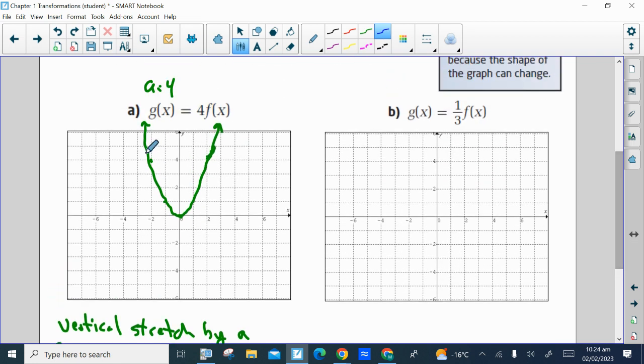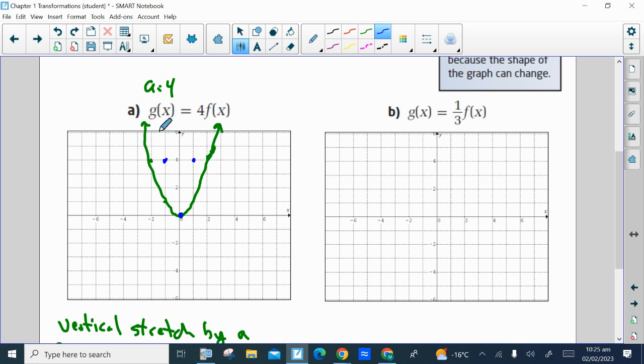So I don't have room to stretch this point here. Y is already 4, and 4 times that is 16. Don't have room for that. But I do have room to stretch this point where y is 1. The x value doesn't change. It's just the y values that are multiplied by 4. The 0, 0 is invariant because a y value of 0 times any stretch factor stays 0. And this point here where y is 1 is also multiplied by 4.